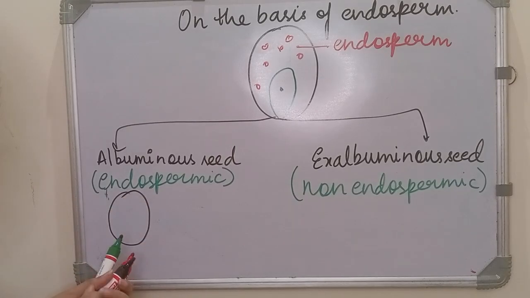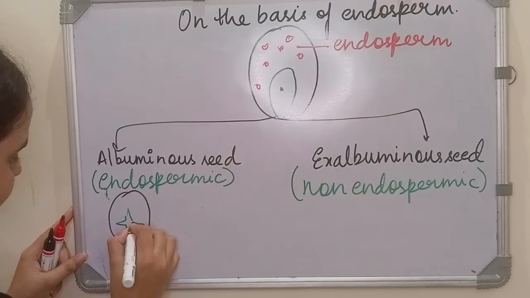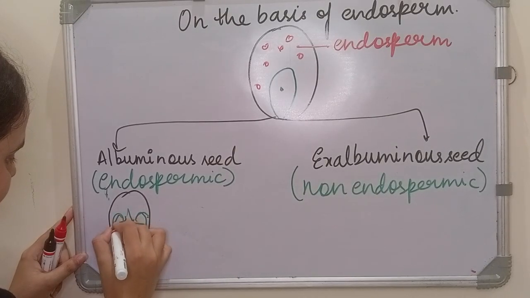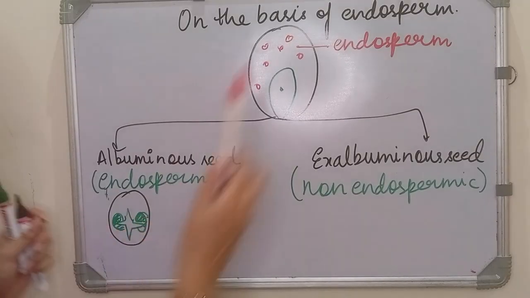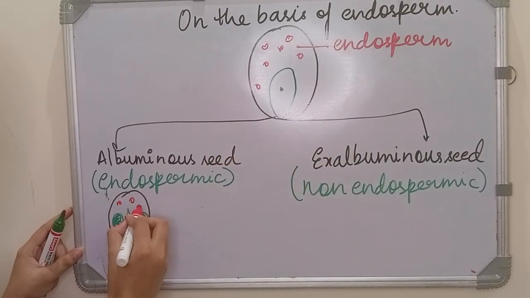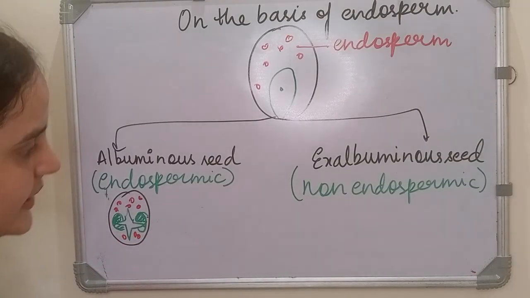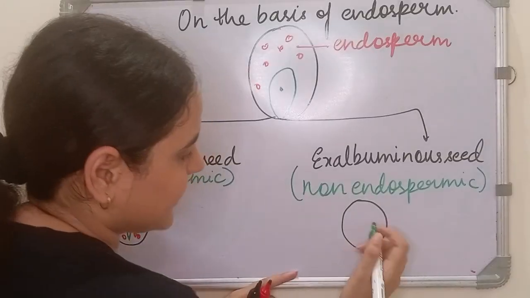This is the seed, this is our embryo. Our cotyledon is there. Here this endosperm is present, it persists here. Now in this case, this is our embryo again.